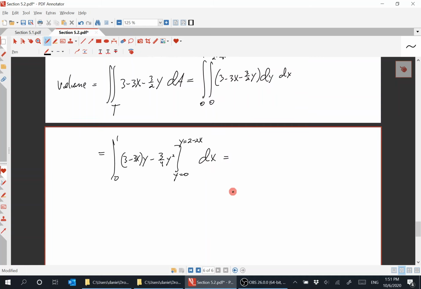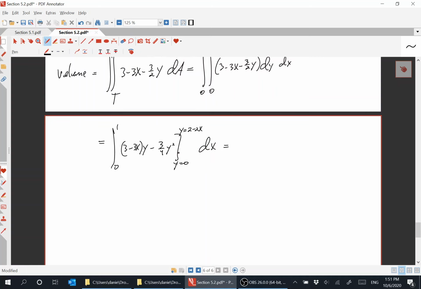So this is equal to, now before I evaluate, I want to do a little bit of algebra to simplify things. Let's factor out a y, and we get y times 3 minus 3x minus 3/4 y, from y equals 0 to y equals 2 minus 2x, dx.